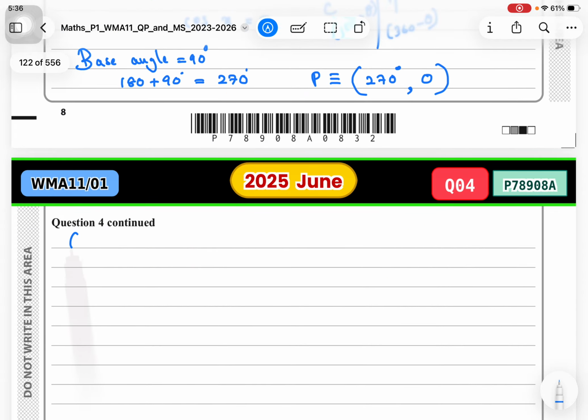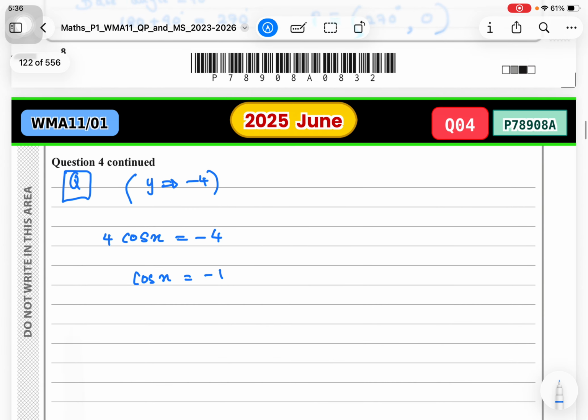So the Q coordinate, we know y is going to be -4, so 4 cos x is -4, so cos x equals -1. If we see the principal angle, which is cos inverse 1, it would give you 0.